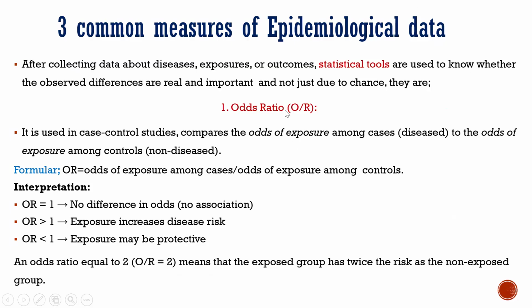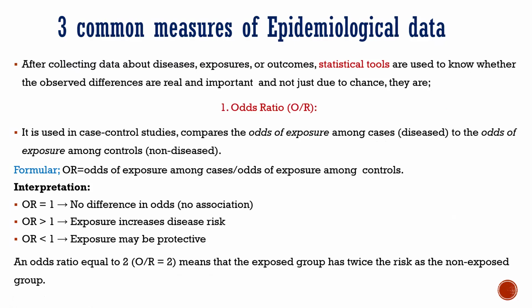There are three major ones. We have number one, odds ratio. So odds ratio is majorly used in case control studies. They compare the odds of exposure among cases, we're talking of diseased, to the odds of exposure among controls, that is non-diseased.